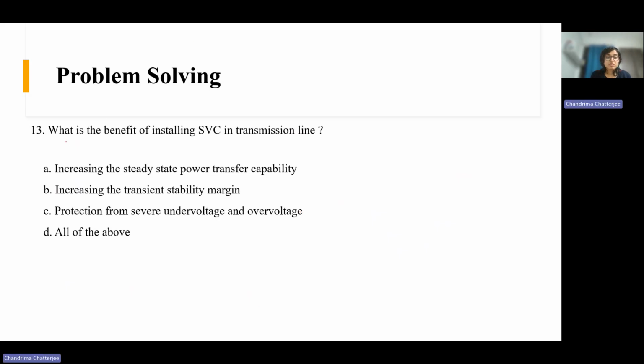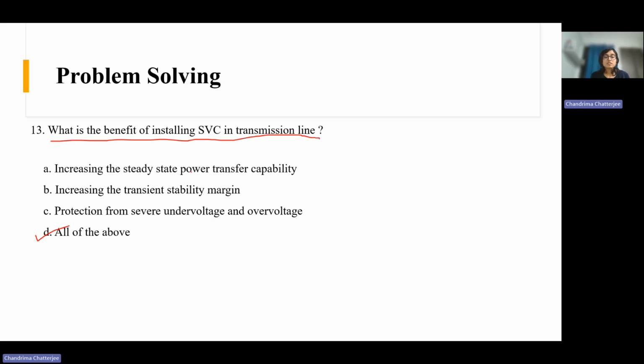So next question. What is the benefit of installing SVC in a transmission line? Increasing the steady state power transfer capability, increasing the transient stability margin, protection from severe under voltage and over voltage, and lastly, all of the above. The correct option is all of the above because it does all the work.